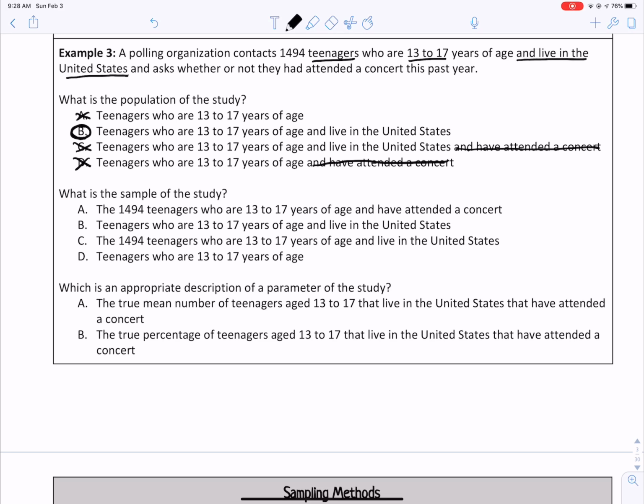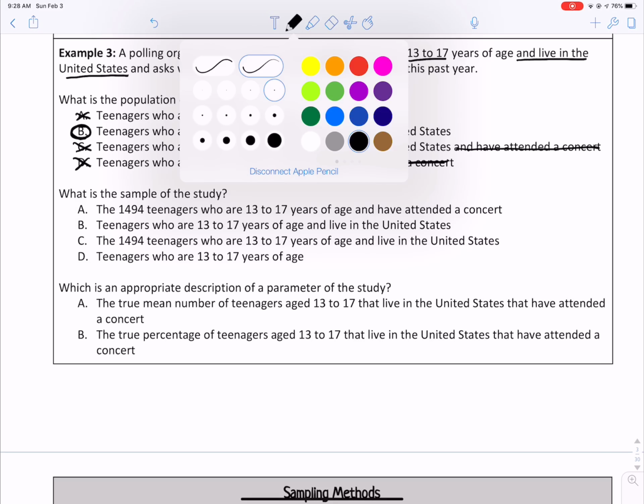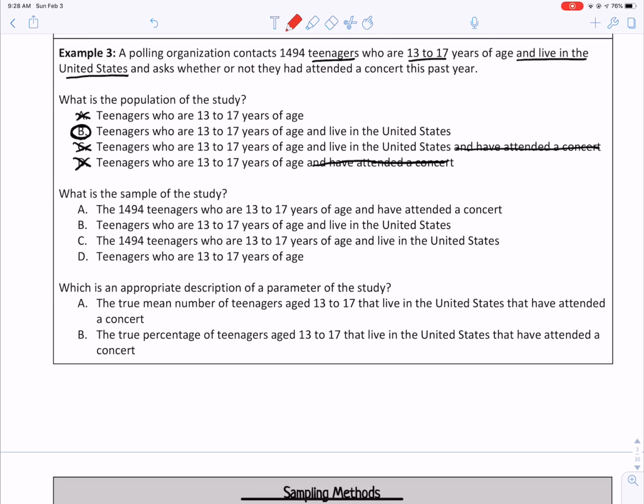What is the sample of the study? So the sample would go with the organization contacted 1,494 teenagers. And then they would need to meet the same criteria as this one. So 13 to 17 and live in the U.S. So A says 1,494 teenagers who are 13 to 17 and have attended a concert.